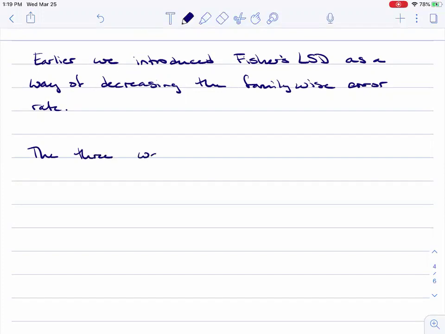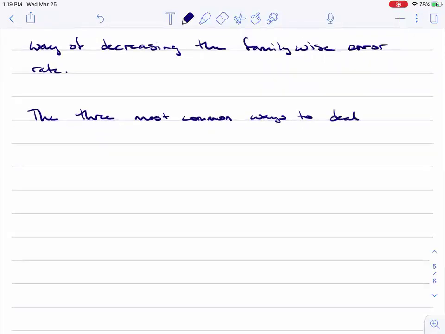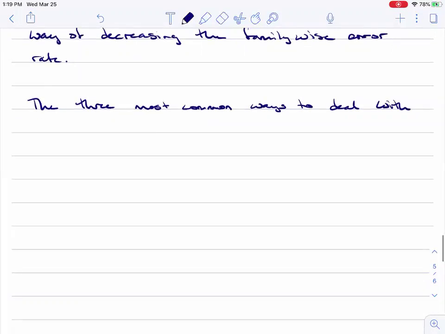The 3 most common ways to deal with multiple tests are: the first one, Fisher's LSD, Fisher's least significant difference.